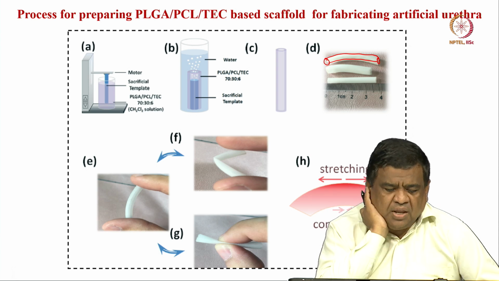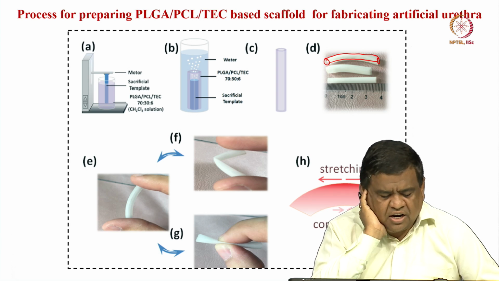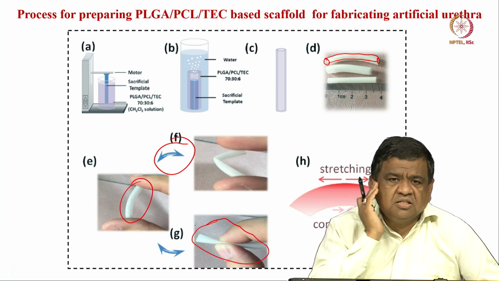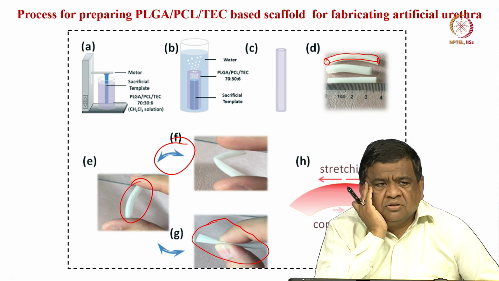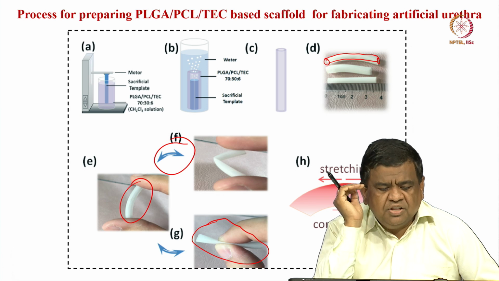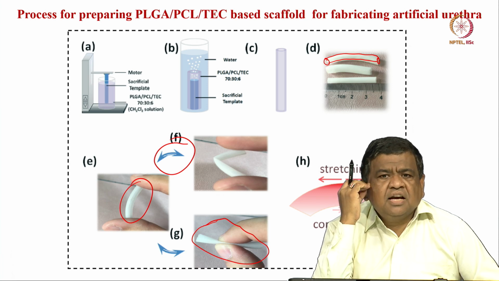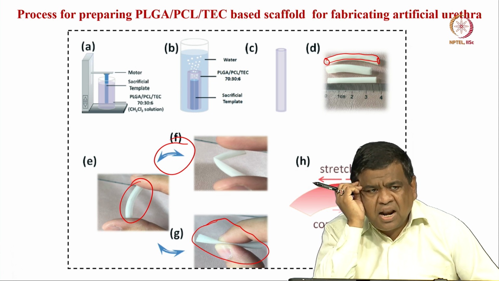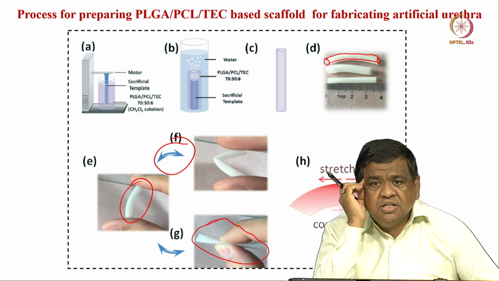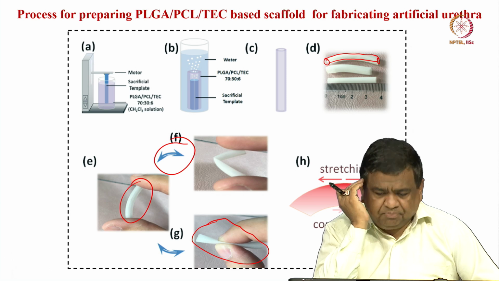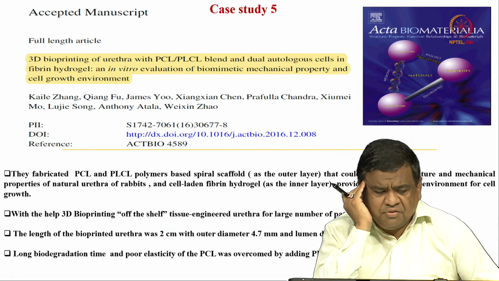This is the uniqueness of this kind of structure, as shown here: different mechanical actions allow the structure to be deformed, in this case stretching or compressing the scaffolds. I repeat, this is the case for PLGA, PCL and TEC, and the role of TEC is to compatibilize PLGA and PCL, which are otherwise non-compatible, and they have used that sacrificial template technique for fabricating the artificial urethra.